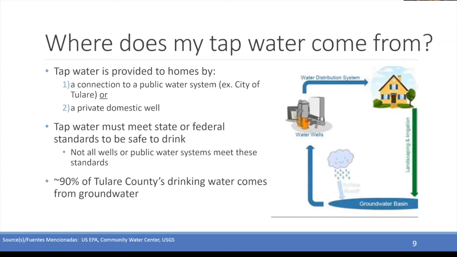Tap water must meet federal and state drinking water standards to be considered safe to drink. And not all wells or public water systems meet these standards within the Kaweah Water Foundation service area. Approximately 90% of Tulare County's drinking water comes from groundwater.